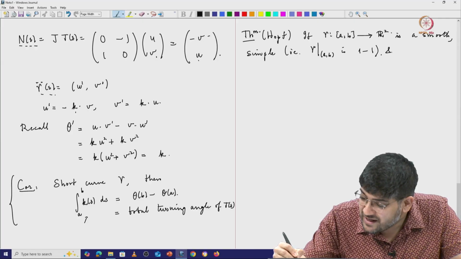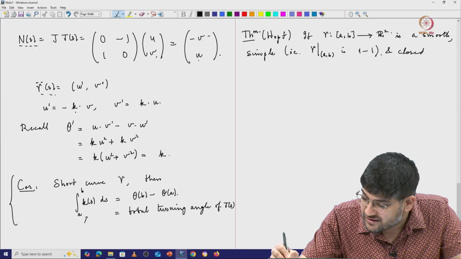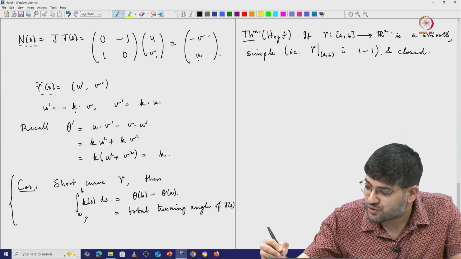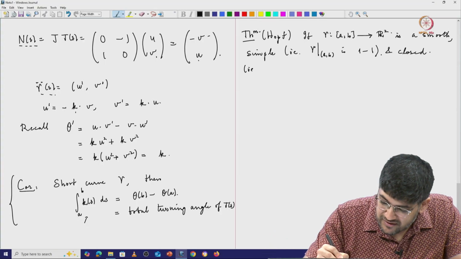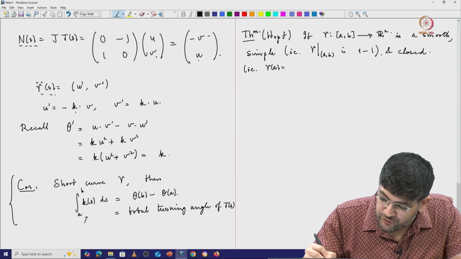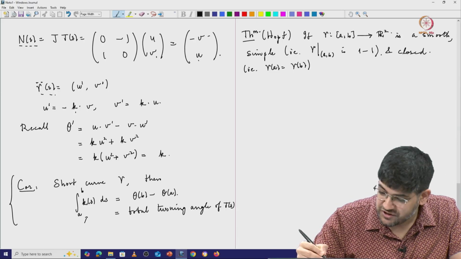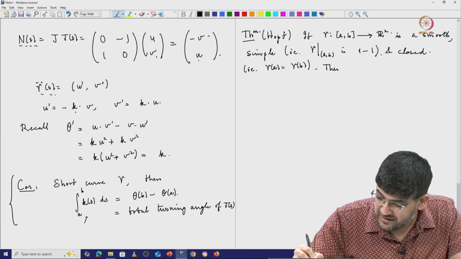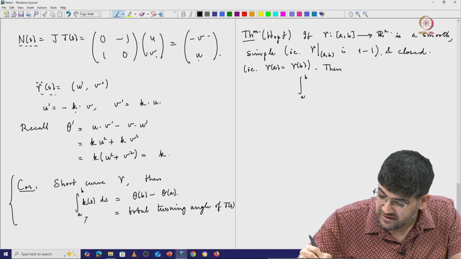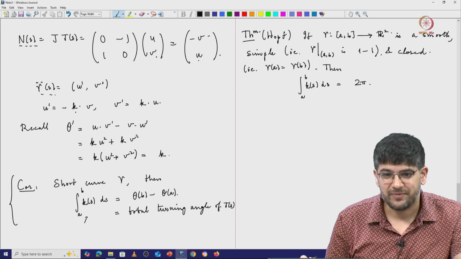And closed means that it does intersect at the end points. So if you take a simple closed curve which is smooth, then the total integral of the curvature is actually going to be 2 pi.